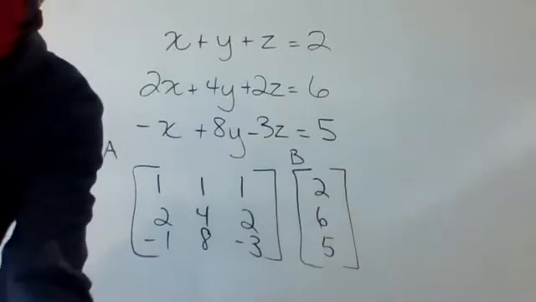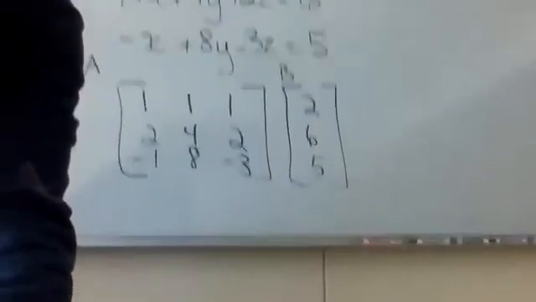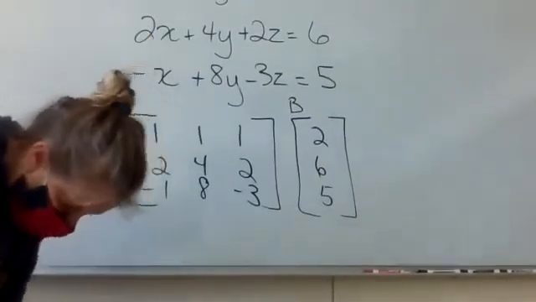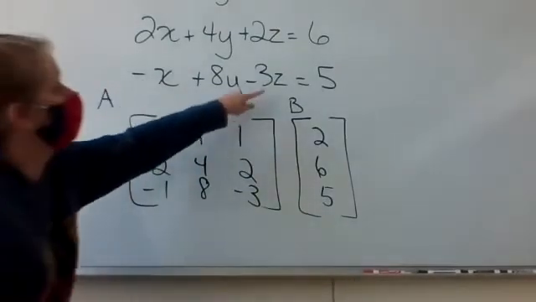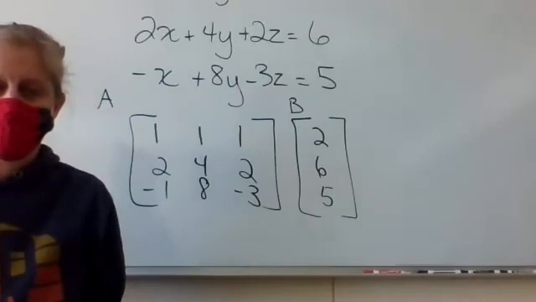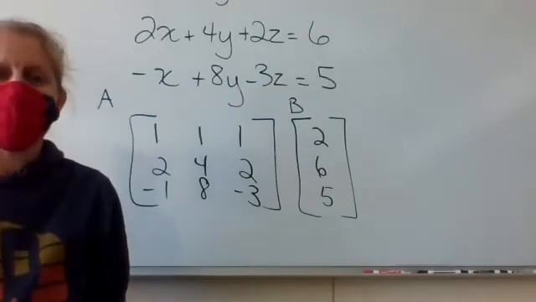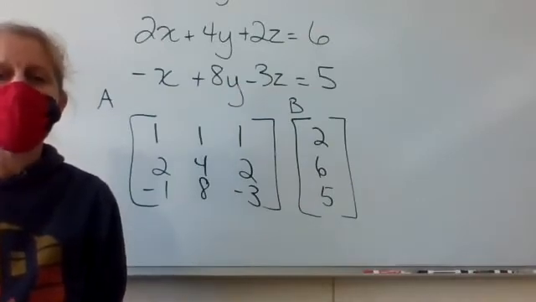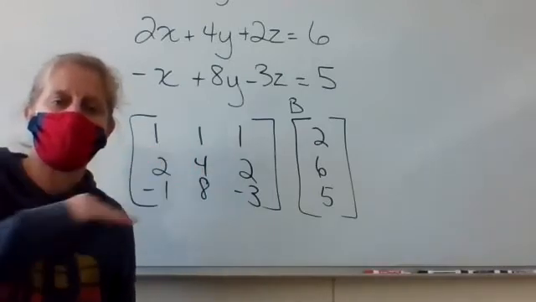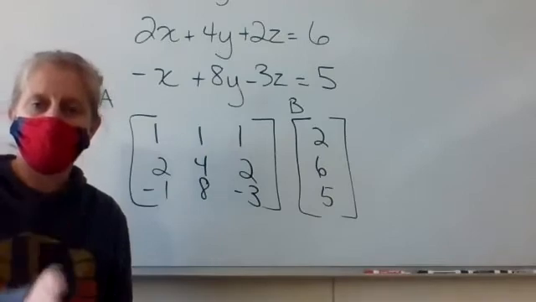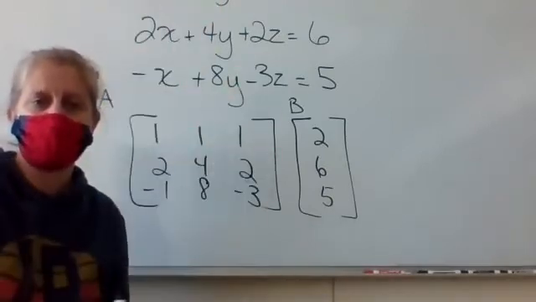So these matrices have different dimensions than what we have been doing, because I added a whole other equation and a whole other letter. So let's talk about these dimensions. Remember, the dimensions of your matrix are the number of rows going across by the number of columns going down.